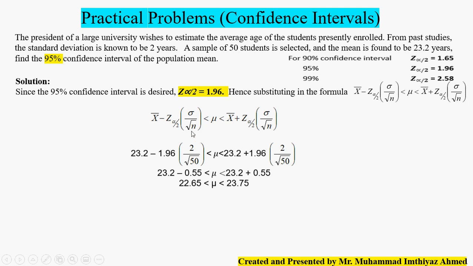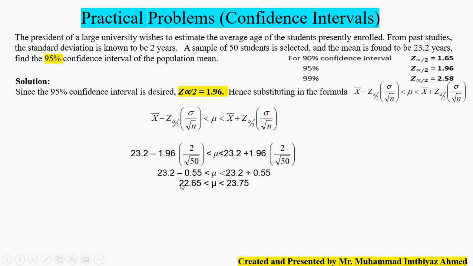So if you know one side, the other side is the same, only you need to use plus. So step number 1, you need to take 2 divided by the square root of 50, then multiply by 1.96. The answer will be 0.55.